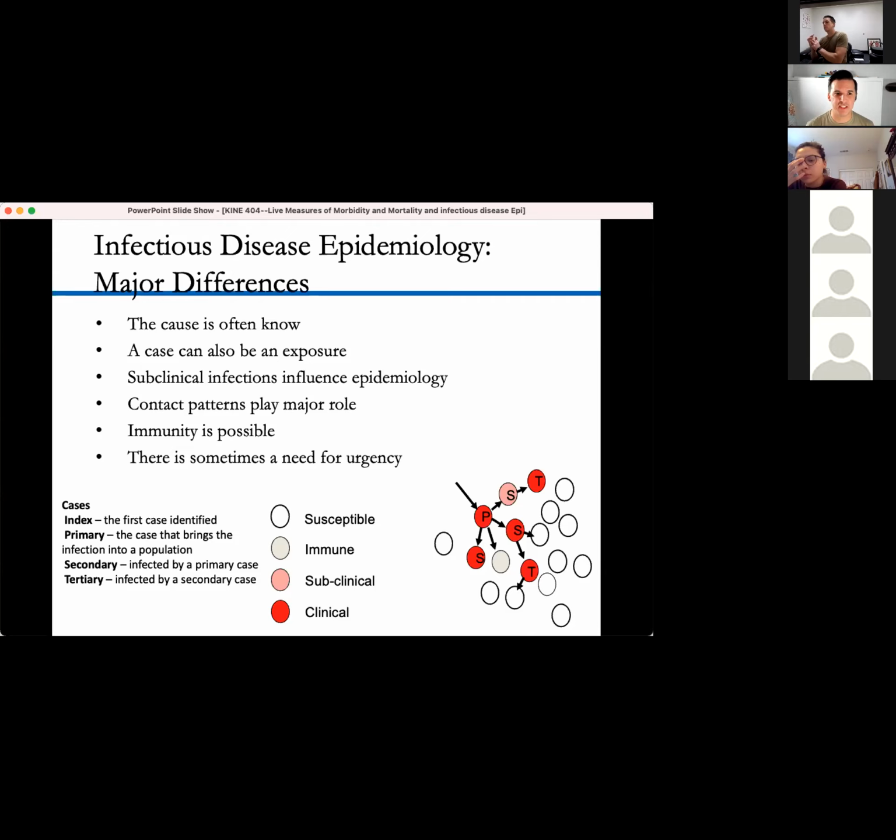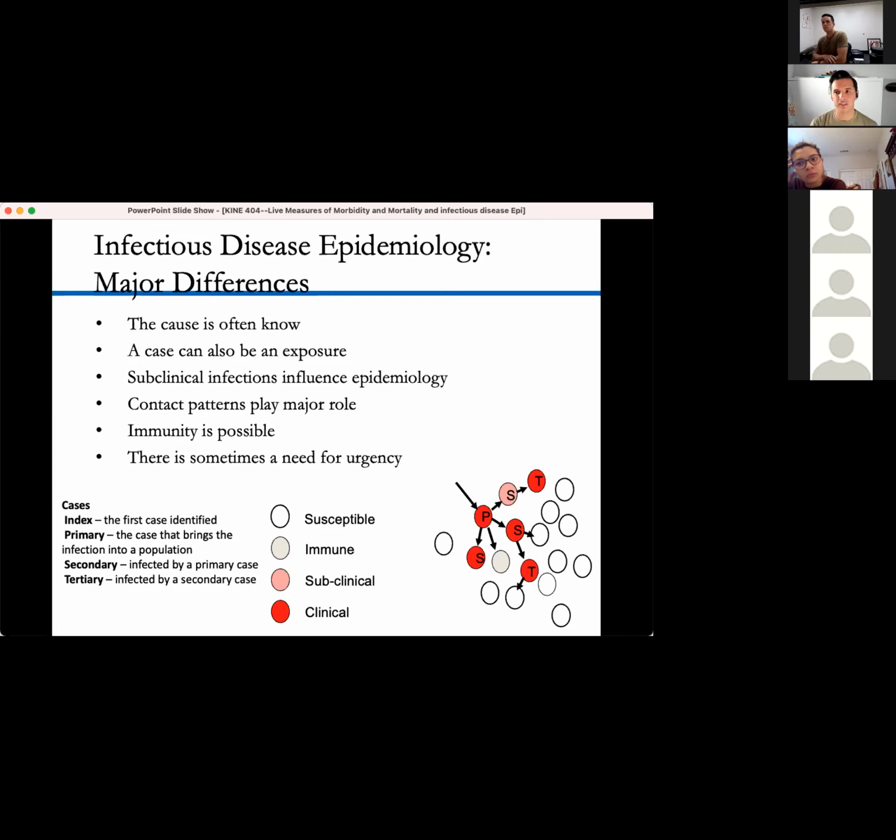Some of the major differences for infectious disease epidemiology: one of the major things is that the cause of the disease is often known, or almost always known. For example, COVID-19, the disease, is what we call it when somebody gets infected with SARS-CoV-2, the virus. We know that the cause of COVID-19 is the virus SARS-CoV-2.